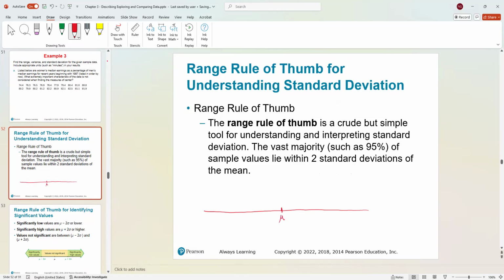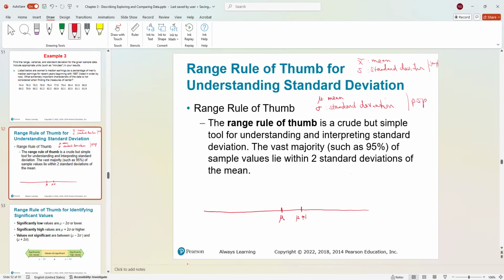We call this one standard deviation above the mean. Remember, mu is the population mean and sigma is the population standard deviation, both for the population. For a sample, we use X bar for the mean and S for the standard deviation.